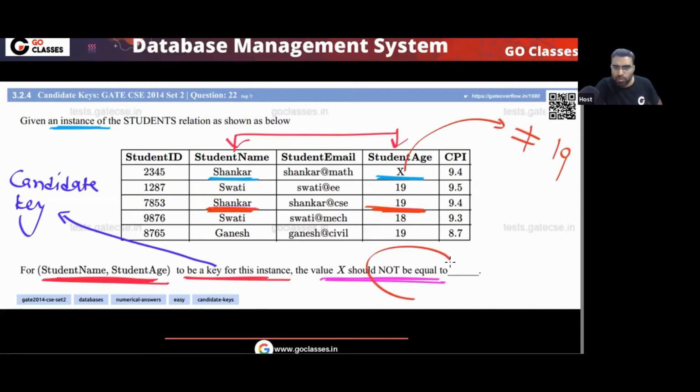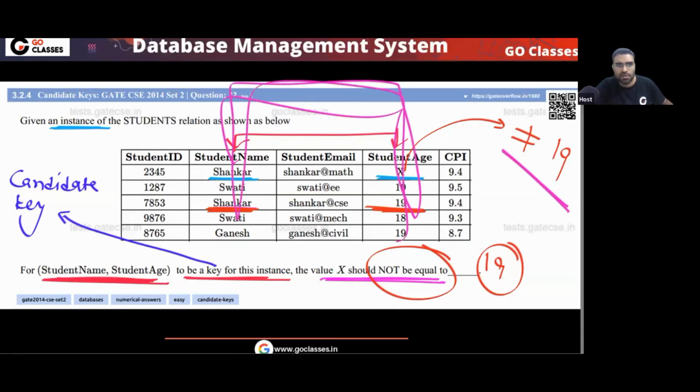X should not be equal to 19. Everything else is fine; X can be 17, 18, 0, or 1. But X cannot be 19 if you want this combination to be a key. So the answer will be 19. Let's move on.